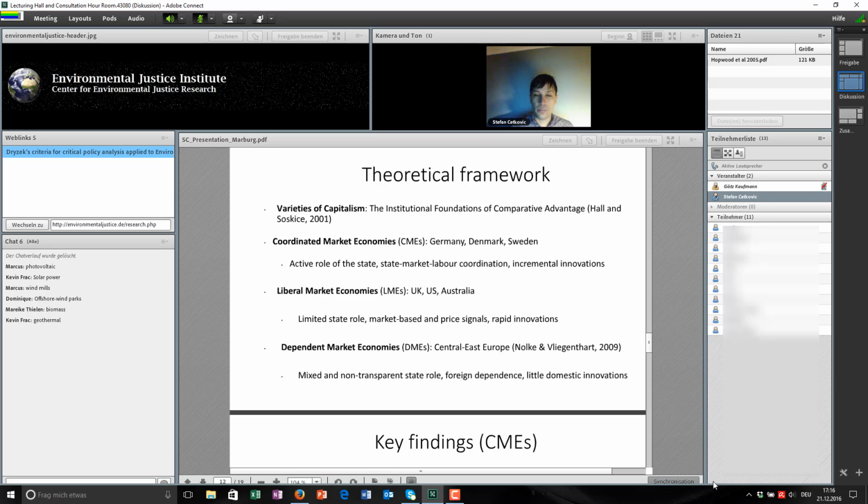And it's called dependent market economies because these economies are highly dependent on foreign investments, on foreign companies, on foreign technologies. So here we have a mixed and non-transparent state role, because most of these countries are in the transformation process from state socialism towards some sort of market-based economies. So the role of the state is rather weak, quite often non-transparent, and weak in terms of the ability to promote the economy and new technologies.